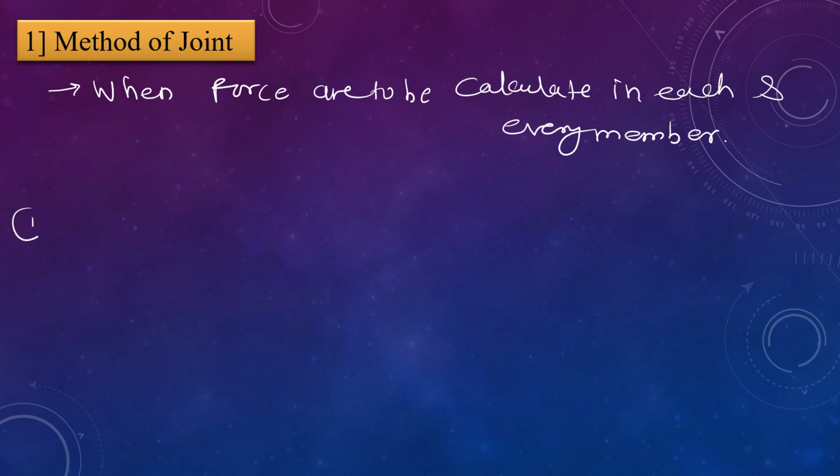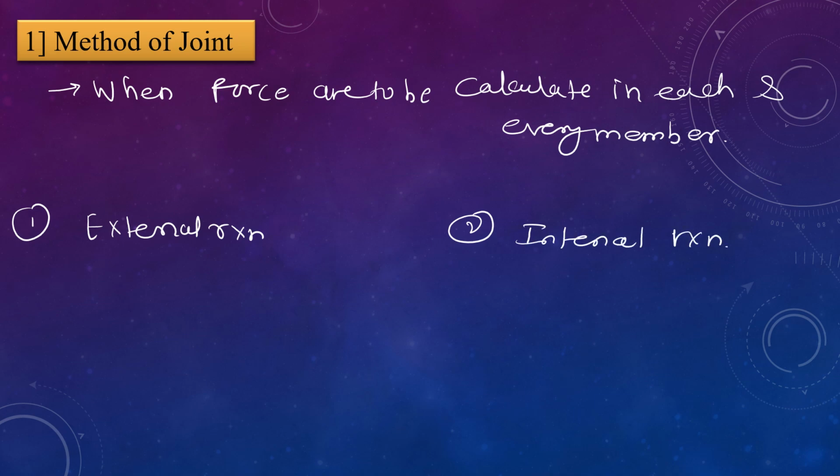In that, to calculate the external reaction and second to calculate the internal reaction, for external reaction calculation we use static equilibrium equations, and for internal reaction calculation we use joint equilibrium equations.